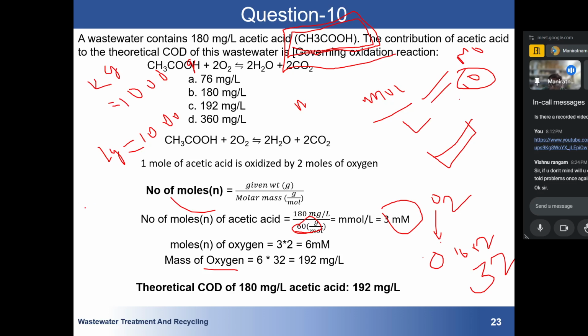To calculate the molar mass, what is the procedure? We first identify how many atoms of each element are there, and multiply by the molar mass of that element.